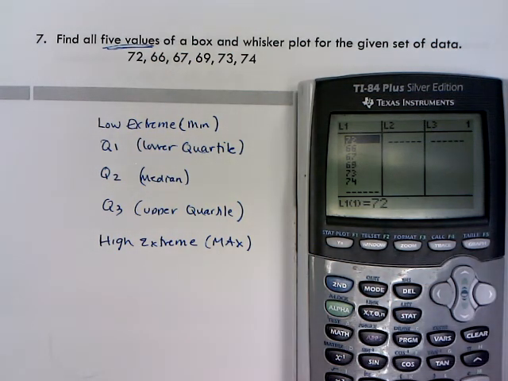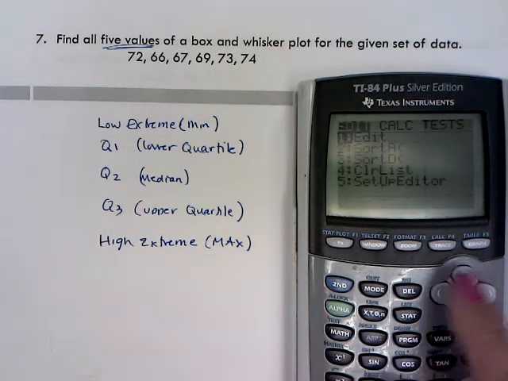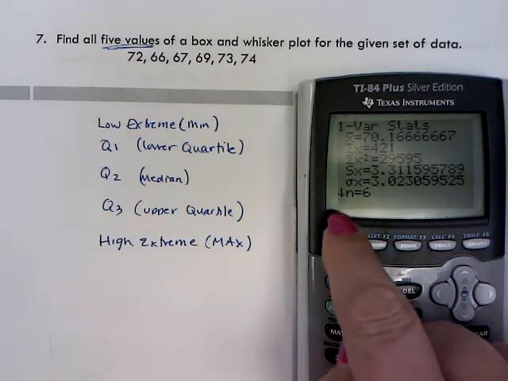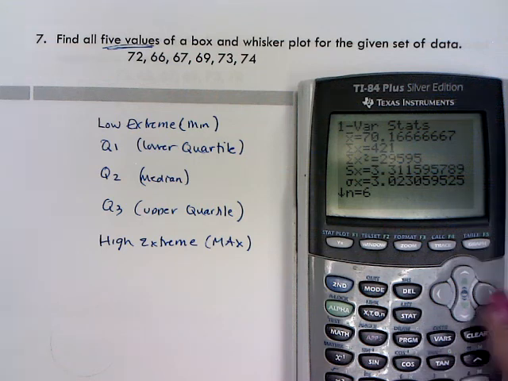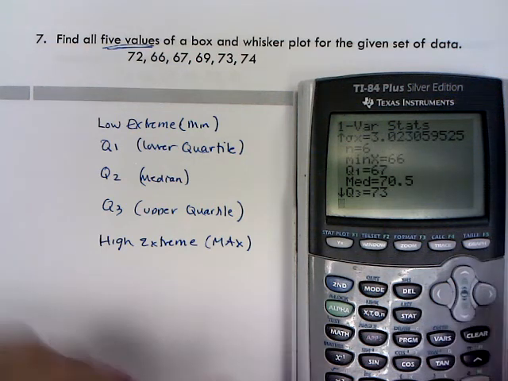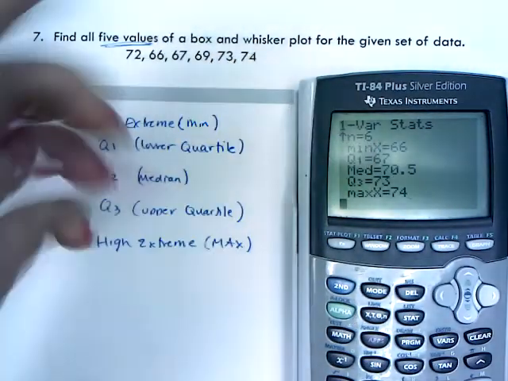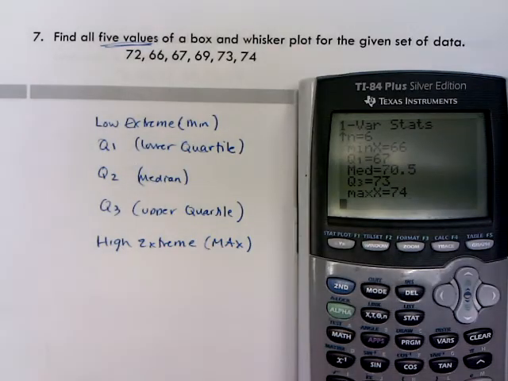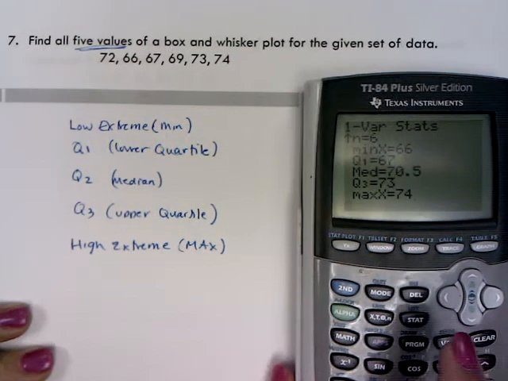On your test, you're going to have several that use the same information. We're trying to make your life a little easier. So Stat, Calc, 1-Var Stats, enter twice. I have that down arrow button, so I'm going to scroll down, and there, n tells me I have 6 data items, which I do. My minimum is a 66.